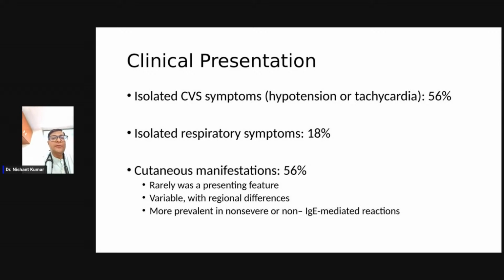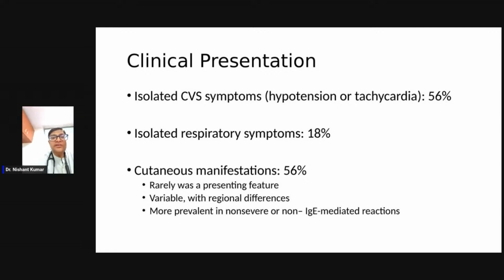So when we come to the clinical presentation, the most common is the isolated severe symptoms, which is hypotension or tachycardia in 56% of the patients, which is very common under anesthesia. Isolated respiratory symptoms, 18%, are also commonly seen when there's light plane of anesthesia, there's obstructed airway.